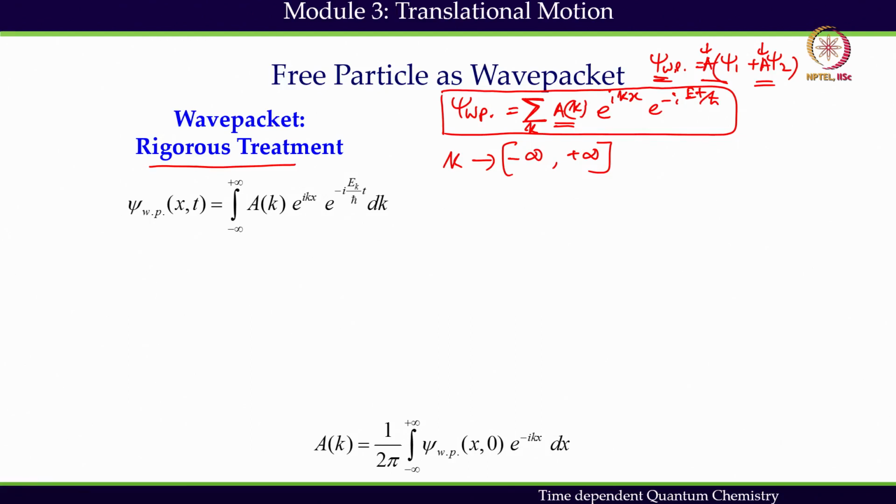A particle in quantum mechanics can travel with any kinetic energy if it is a free particle. And if k can have any value, then instead of summation I can represent it in terms of this integration. It is just the integral form of the same idea, superposition of many matter waves.